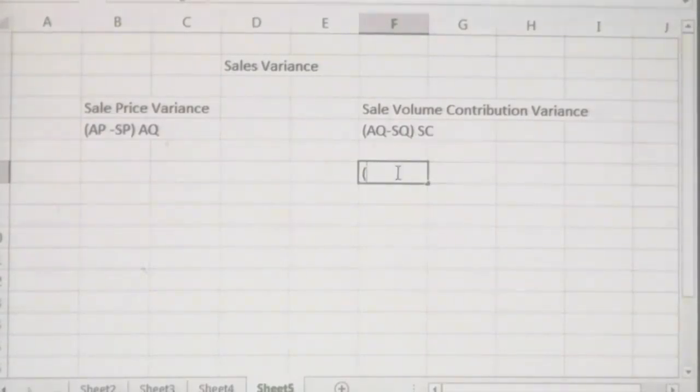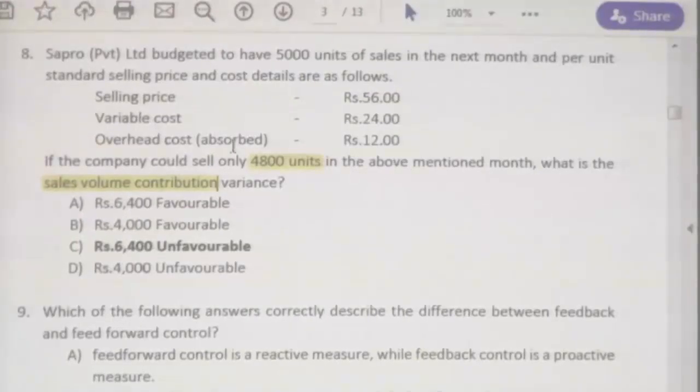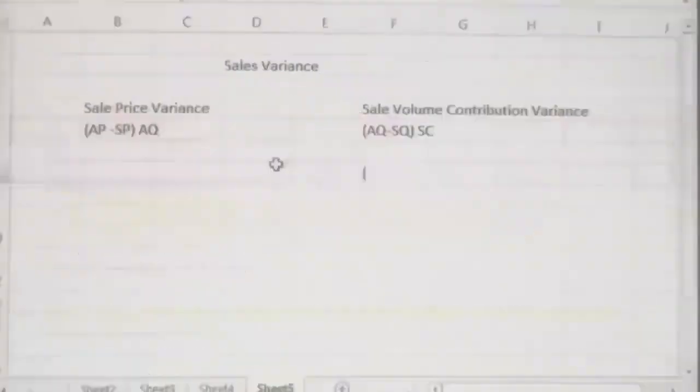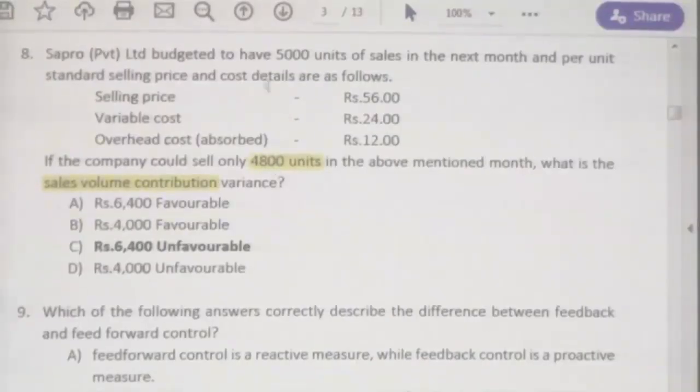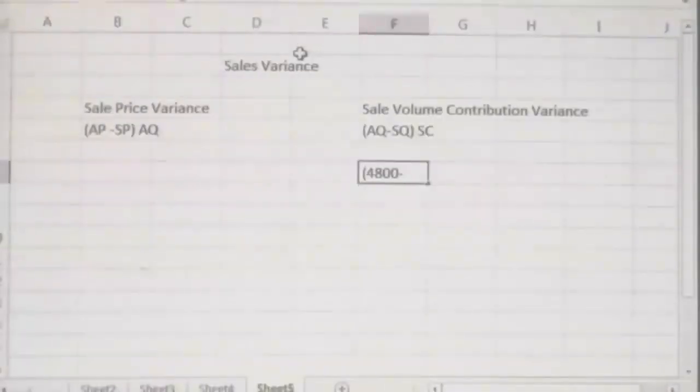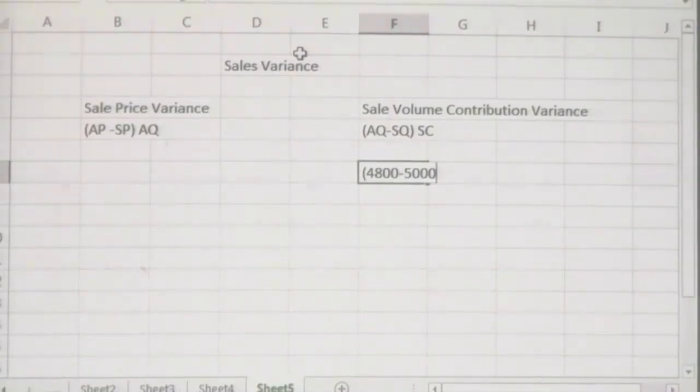Actual quantity, they already mentioned, is 4,800 minus standard quantity. They budgeted to sell 5,000 units. Now you can see they made a loss of 200 units because they expected to sell 5,000 but actually sold only 4,800. Therefore, there is a loss of 200 units.